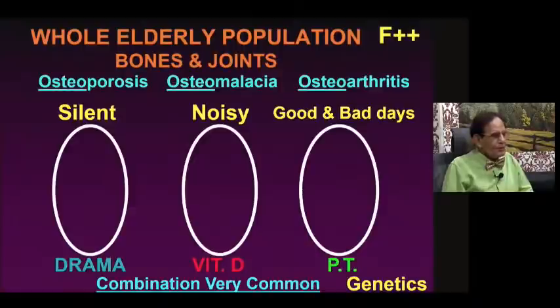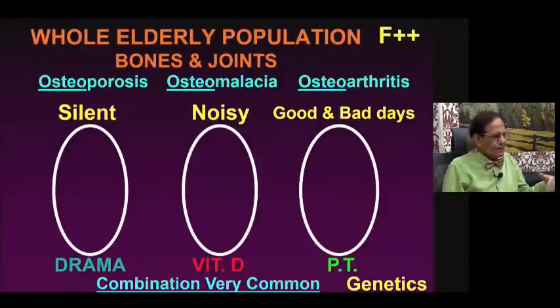When you come to osteomalacia, it's the easiest disease to diagnose. Easiest to diagnose, because it's a very noisy disease. There are a lot of pains. You see, your whole body is ultimately made up of bones and muscles. Your heart is small like that, your liver is small, your brain is small, kidneys.